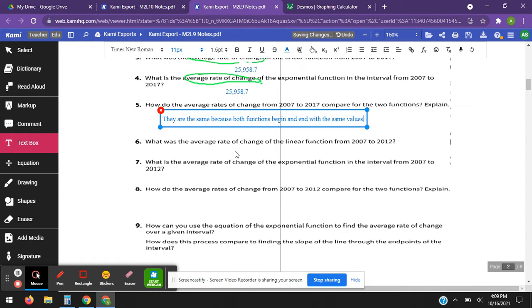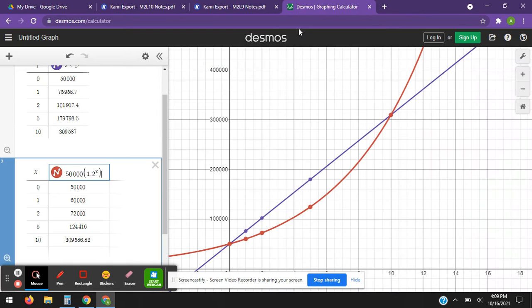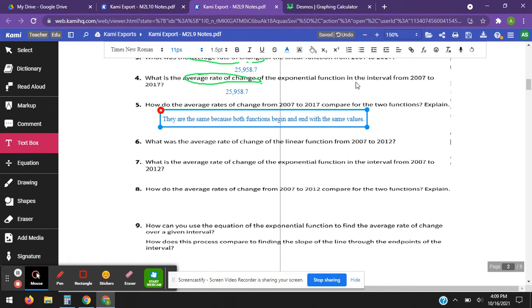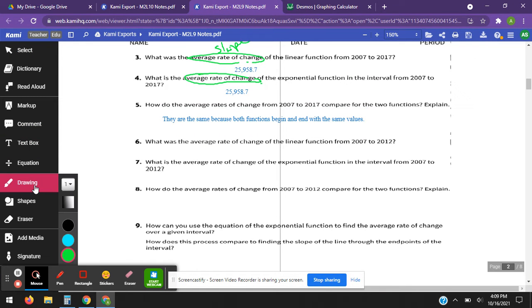Now, what is the average rate of change of the linear function from 2007 to 2012? If we go to our Desmos, 2012 would have been 5 years. So that's our 5-year mark. I already put those in. Nice. 179,793.5. I'm just going to keep with the text box.